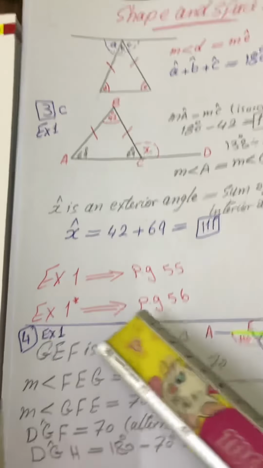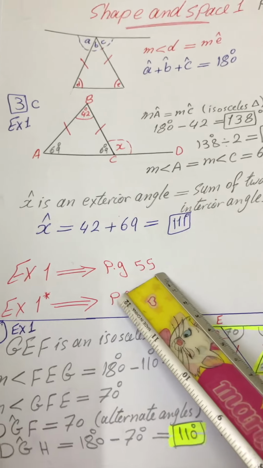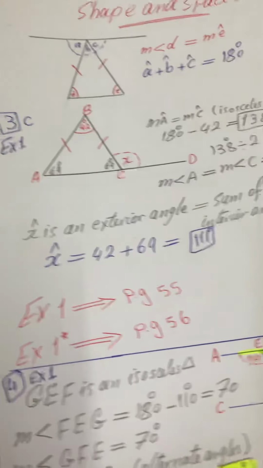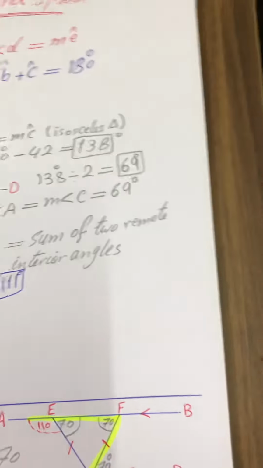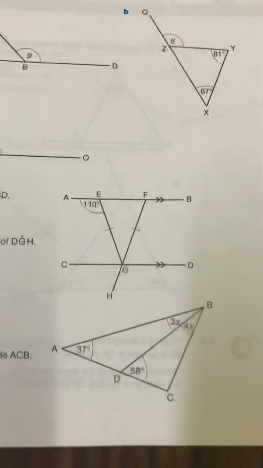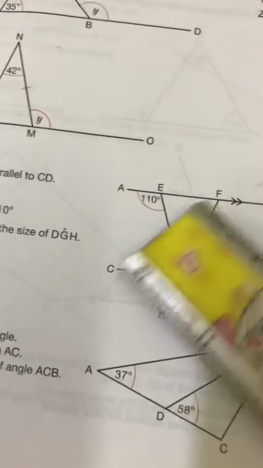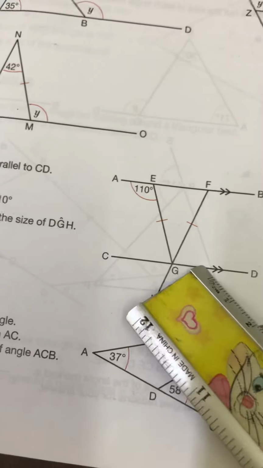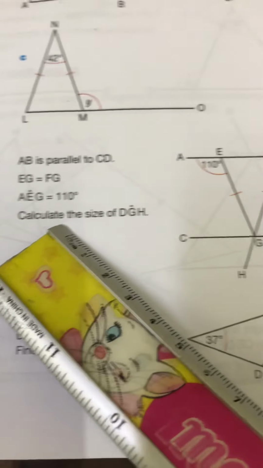Okay, you will find a lot of problems in your book in exercise 1, page 55, exercise 1 star, page 56, like this. Put in your mind again, if you have two parallel sides, you can find alternate angles and corresponding angles, like in question 4.